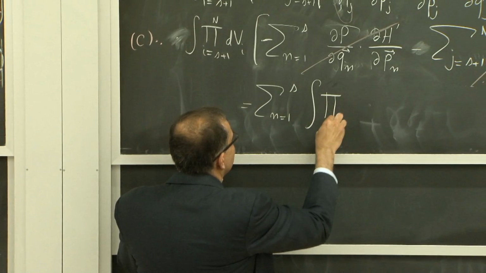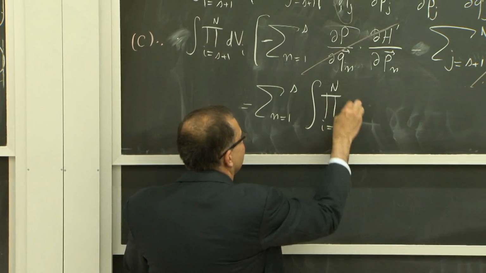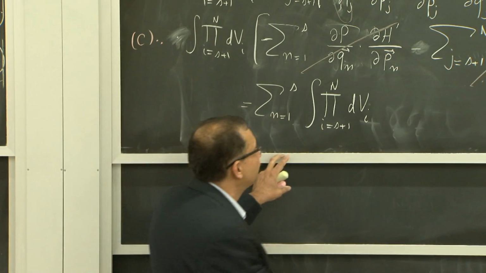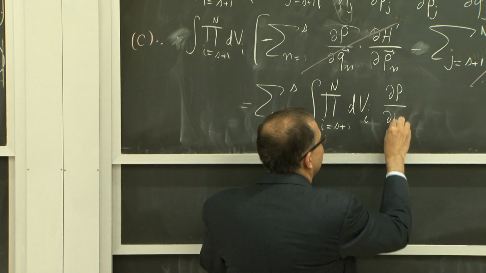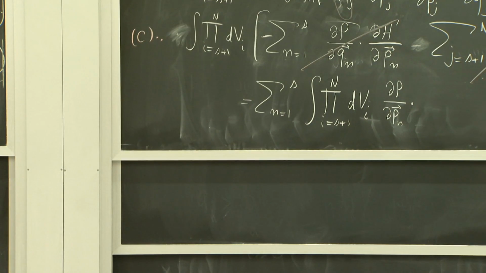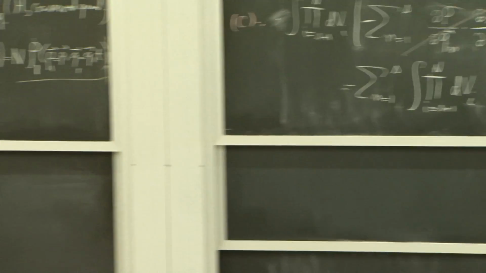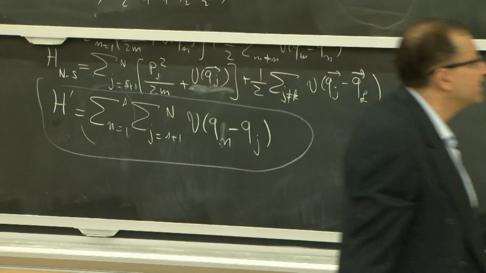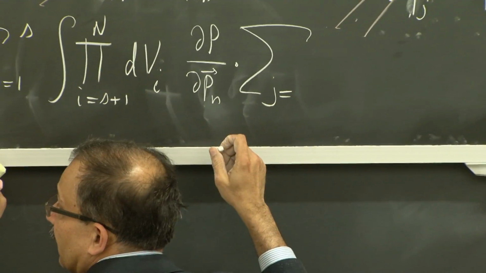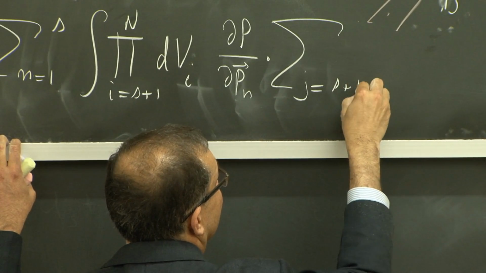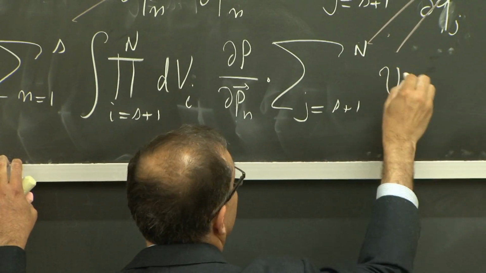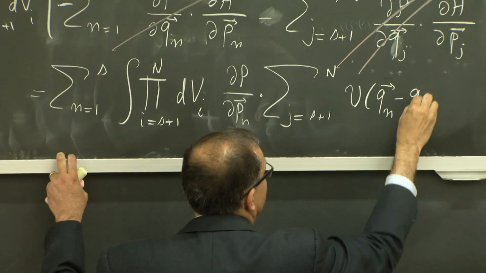I have the integration i running from s plus 1 to n dv of i. I have d rho by dpn dot producted with the h prime by dqn. The h prime by dqn I can calculate from here is a sum over terms j running from s plus 1 to n of v of qn minus qj.